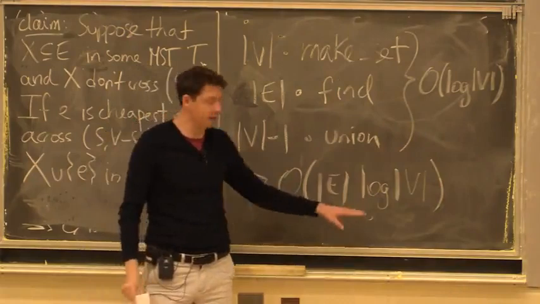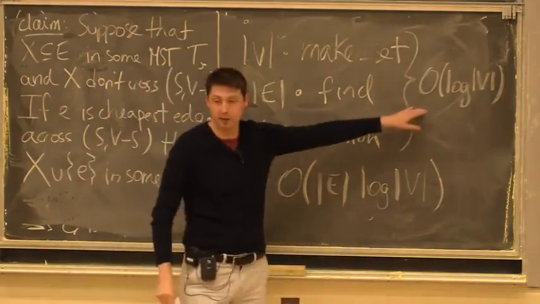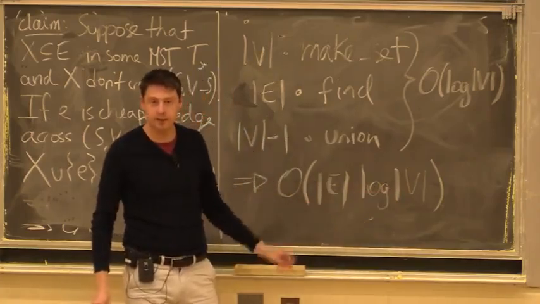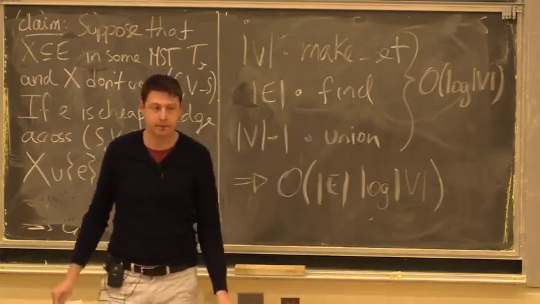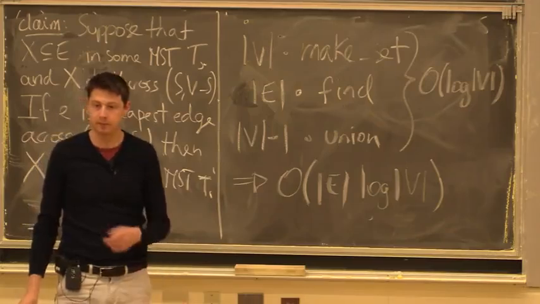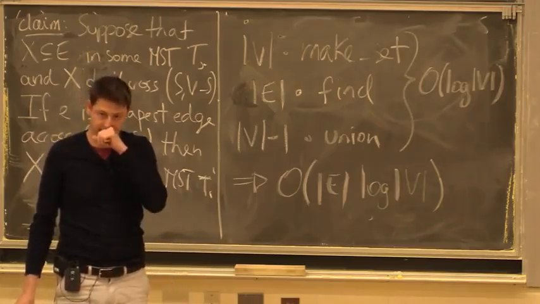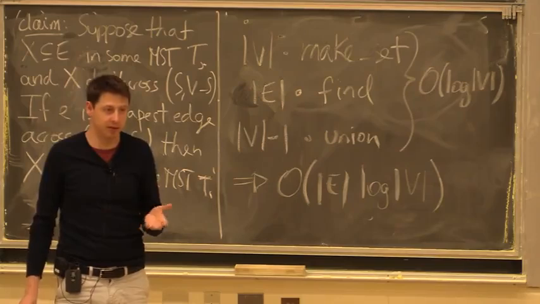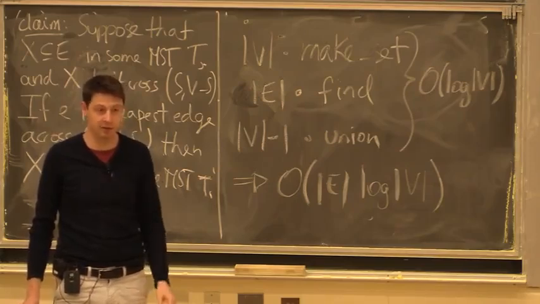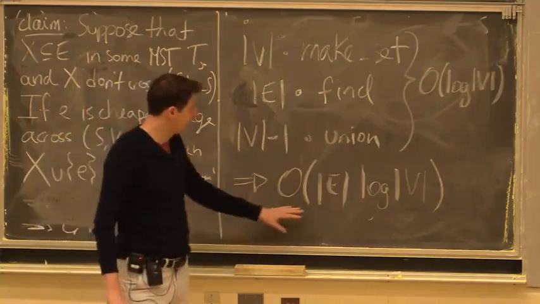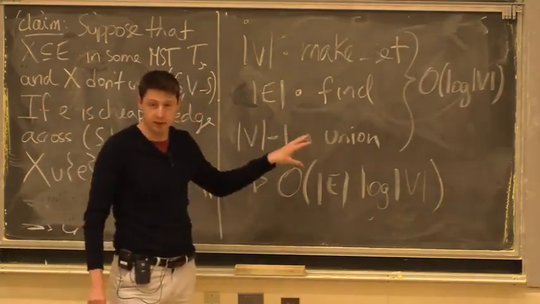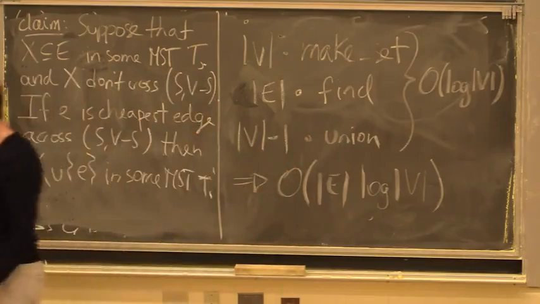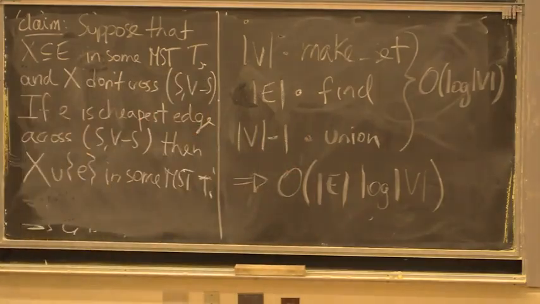I claim that this is actually the running time of the whole algorithm. Why don't I have to write E log E here? Because E is at most V squared, so log of E is the same as log of V. The power there doesn't matter, it just becomes a constant in front. So using a data structure that you will see next time, this is the running time of Kruskal. Notice this is better than this one because here you have this term of E squared.